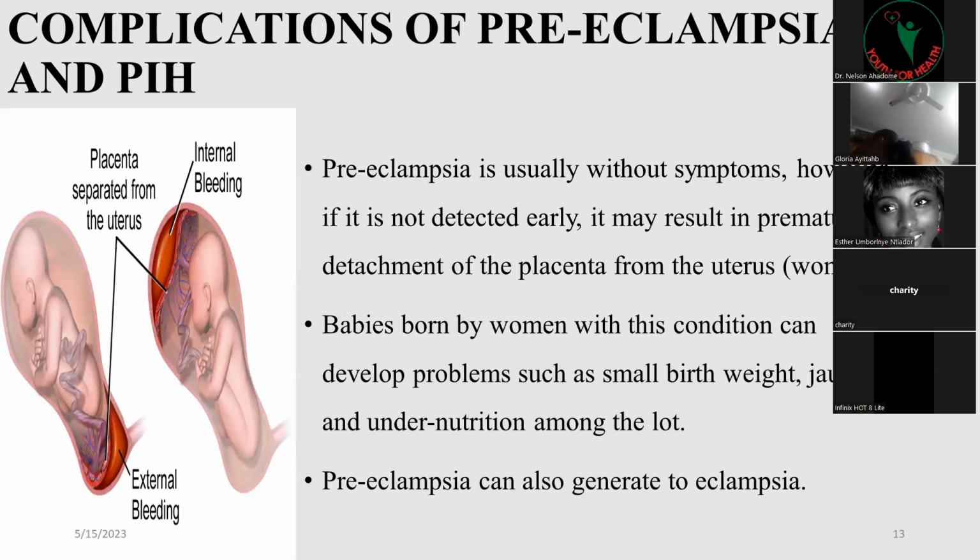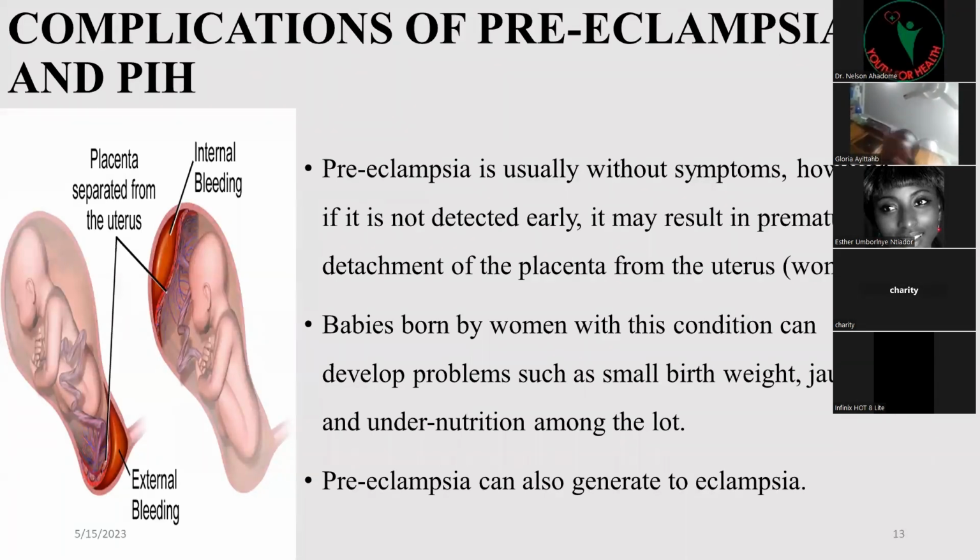Now, complications of preeclampsia. Preeclampsia is usually without symptoms. It's like hypertension, it's silent, but it can result in premature detachment of the placenta from the uterus. So usually in preeclampsia, we carry out a C-section, getting to the gestation period, getting to the delivery period, so that we can prevent this from happening.